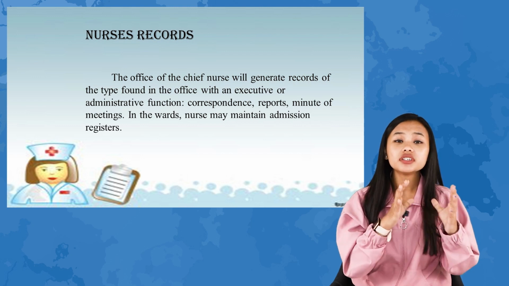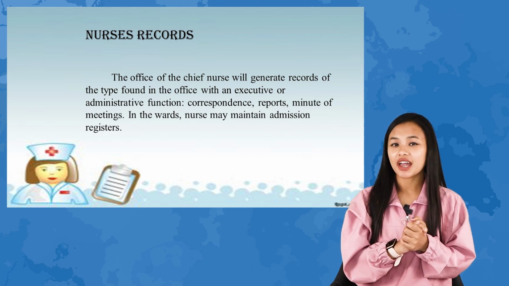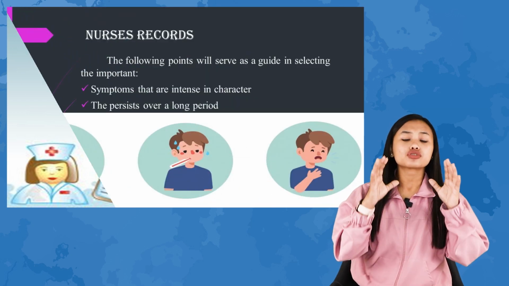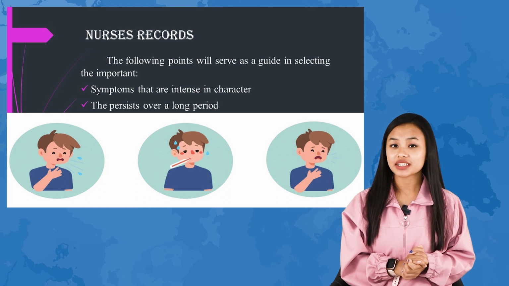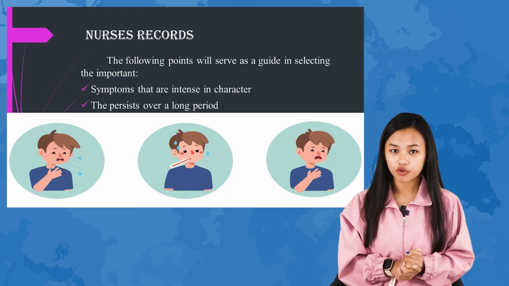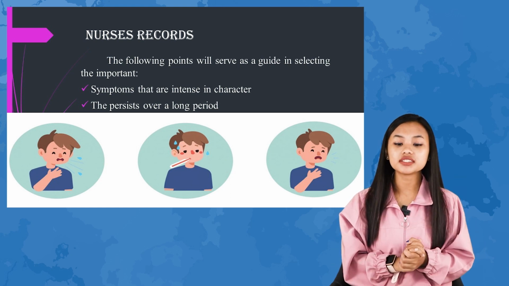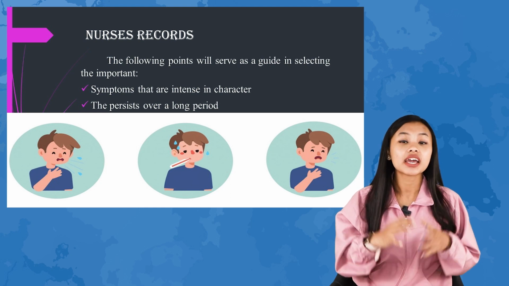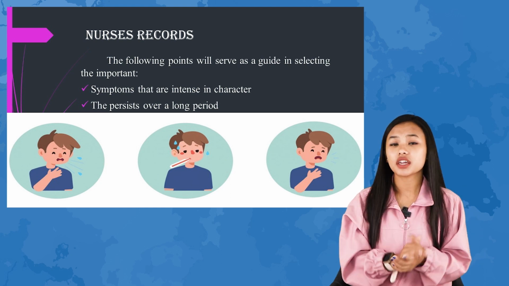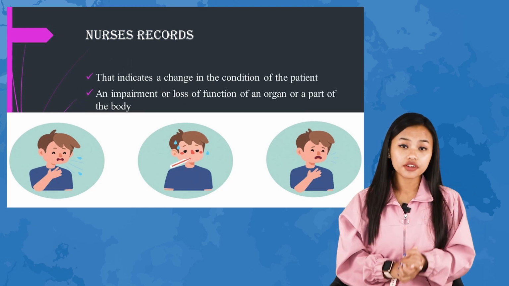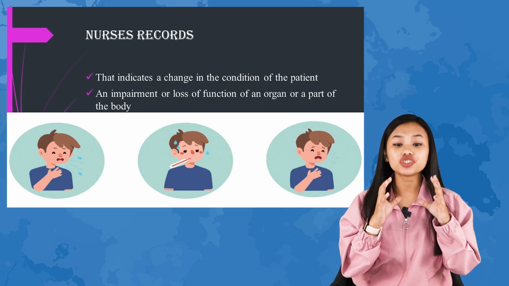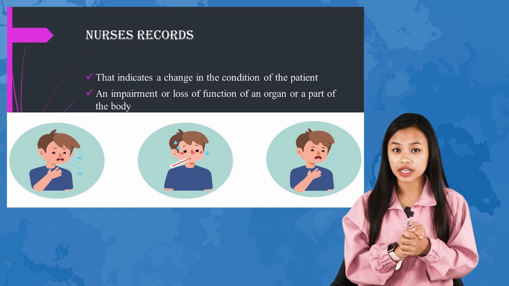In the ward, the nurse may also maintain the admission register. While maintaining this, the following points will serve as a guide in selecting the importance. The first one is symptoms that are intense in character. The second is persistence over a period of time. The third is one that indicates a change in the condition of the client.